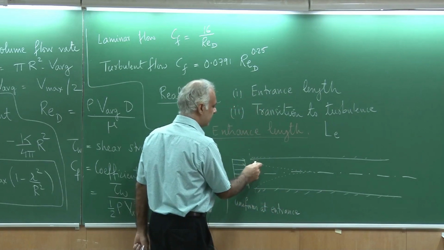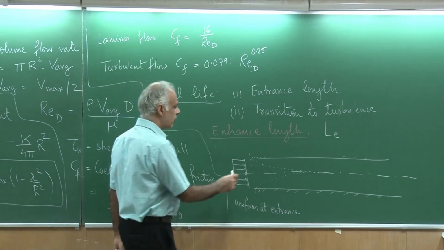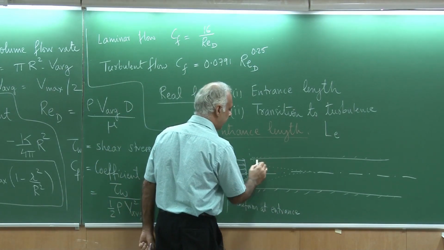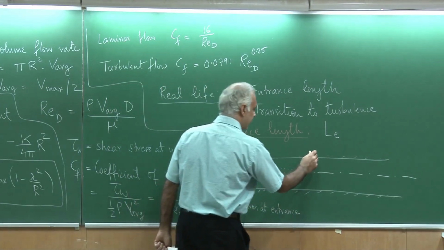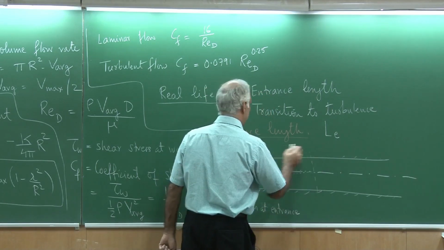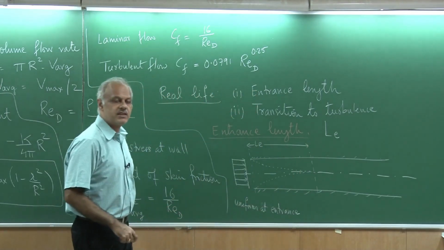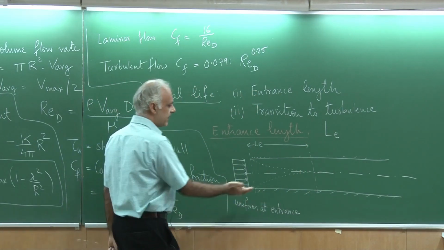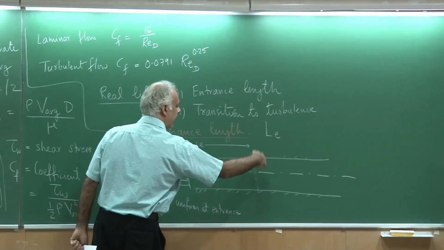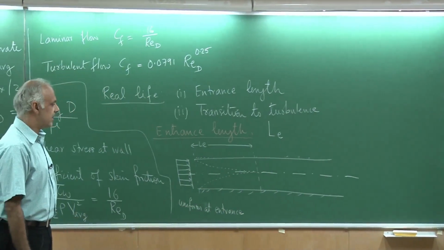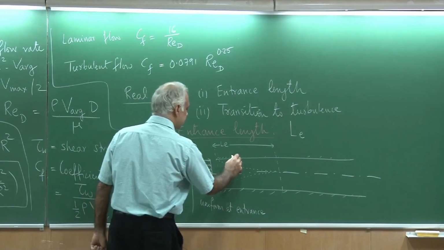This is the region where the viscous effect is important. In this region, which is between the wall and the dashed line, the flow feels the viscous effect, and beyond LE you would see a fully developed flow where the viscous effect has percolated radially inwards to the pipe, and now the entire core of the flow has the viscous effect.